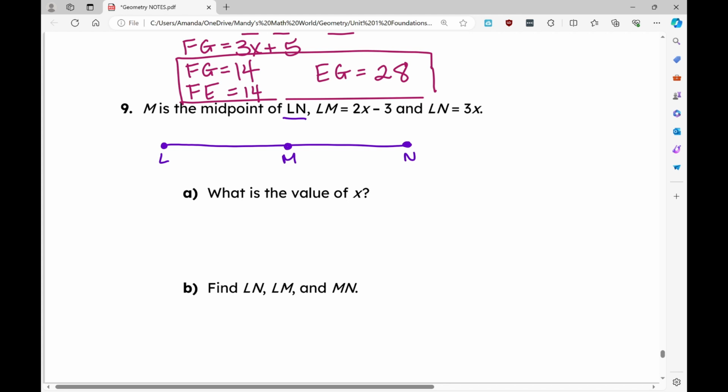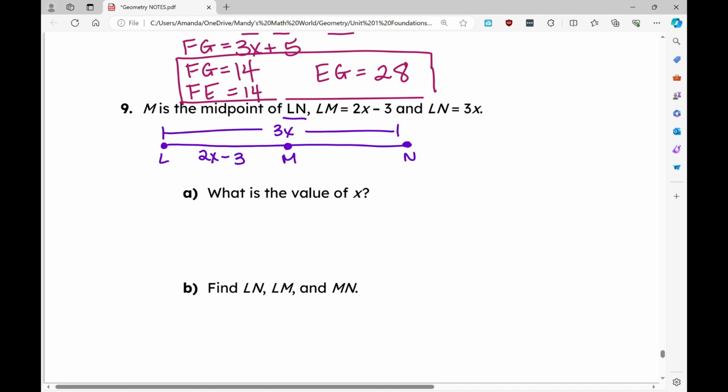And I know that the length of LM equals 2x minus 3, and the length of LN, that's the entire thing, is 3x. So the length of the entire thing is 3x.